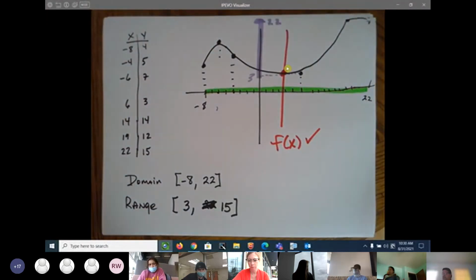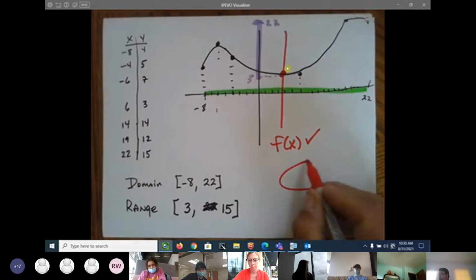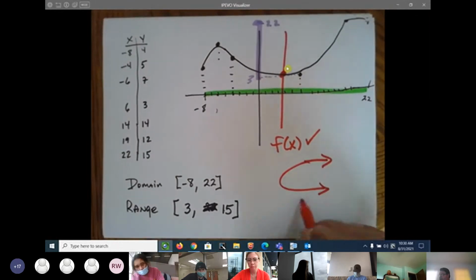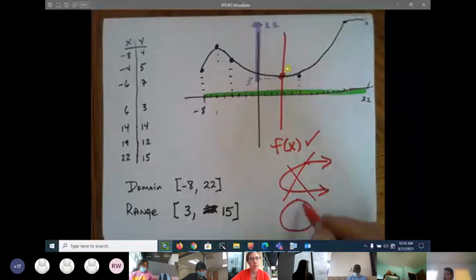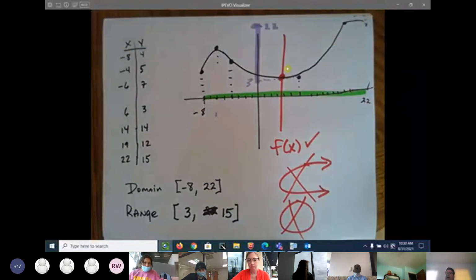What are not functions? Hyperbolas and circles or ellipses. They are not functions because you have 2 y's for 1 x. You can't have 2 y's for 1 x.